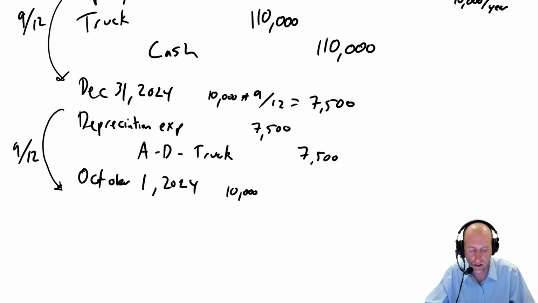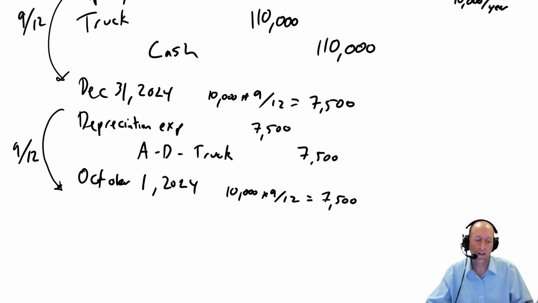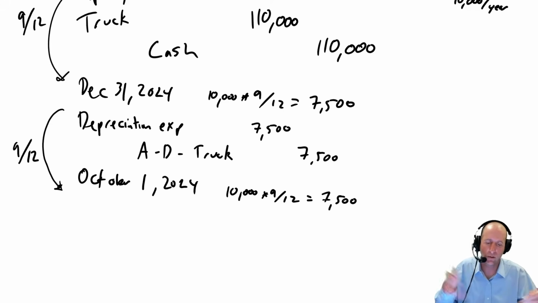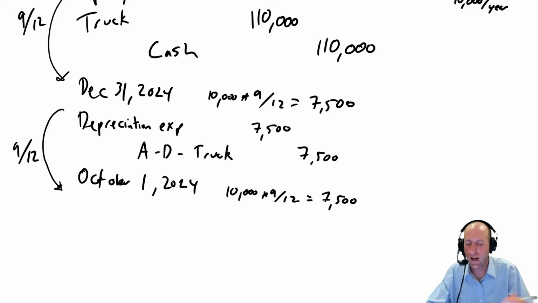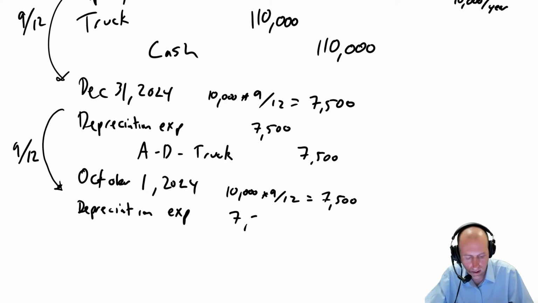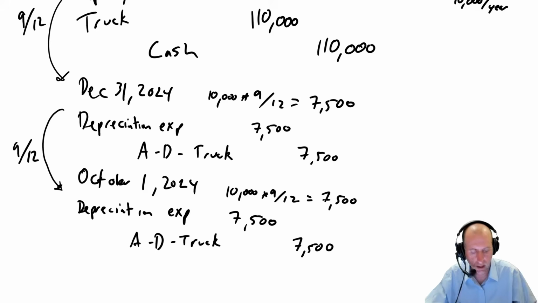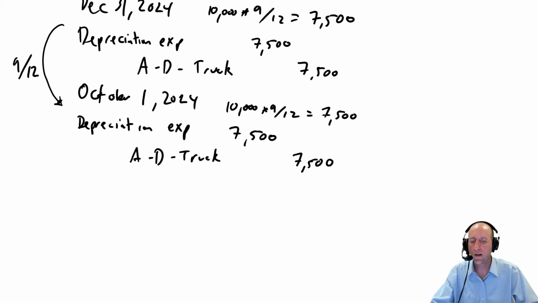We go $10,000 times 9/12ths, another 7,500 to be depreciated, but okay, I could have done it 8/12ths or 6/12ths or whatever. This just so happens that it's 9 months later, so 9/12ths. Debit depreciation expense, 7,500. Credit accumulated depreciation on the truck, 7,500. There we are. So we've done our 3 entries so far, and now we have to sell the truck.